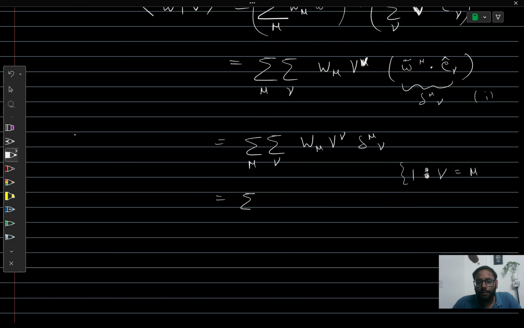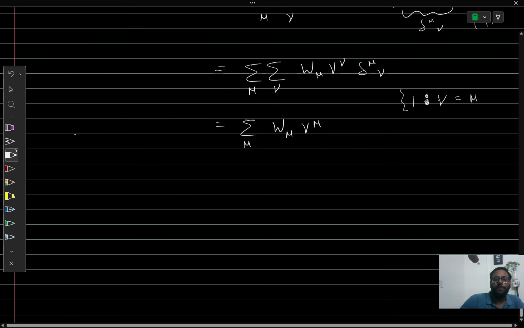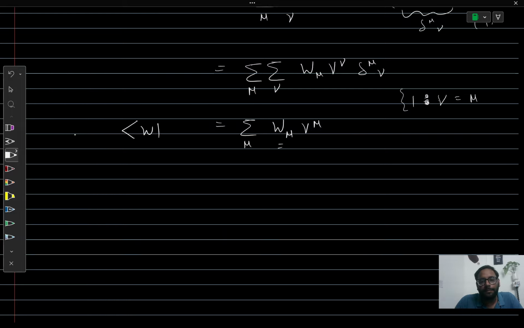So the mu summation will survive, and this will be mu. You know that this is the simple inner product condition. You have already studied it in your quantum classes.